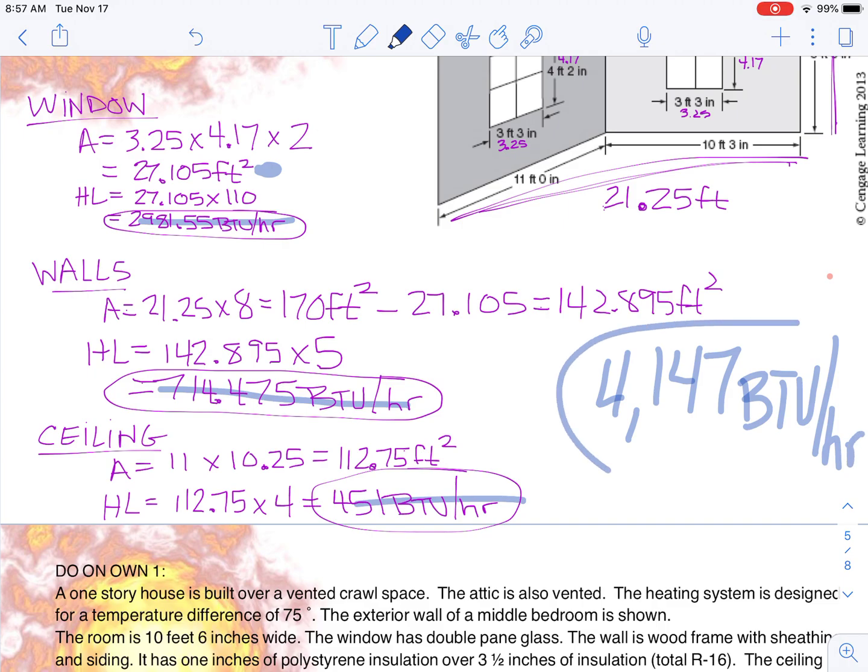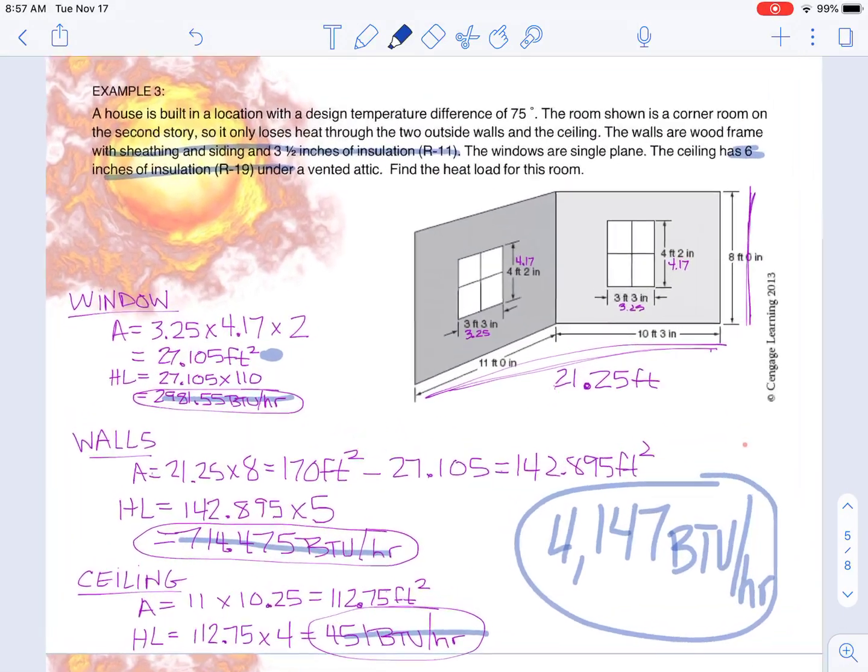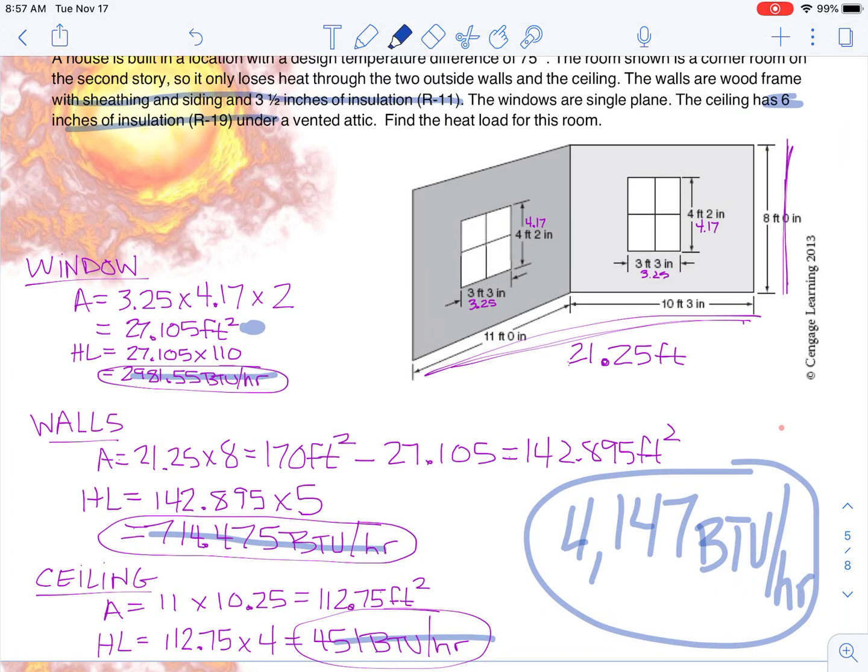And at this point, I can actually round that to a whole number. It comes out to a decimal, but the whole number would be good enough for me to use that measurement to pick out a heating or cooling system for this room.